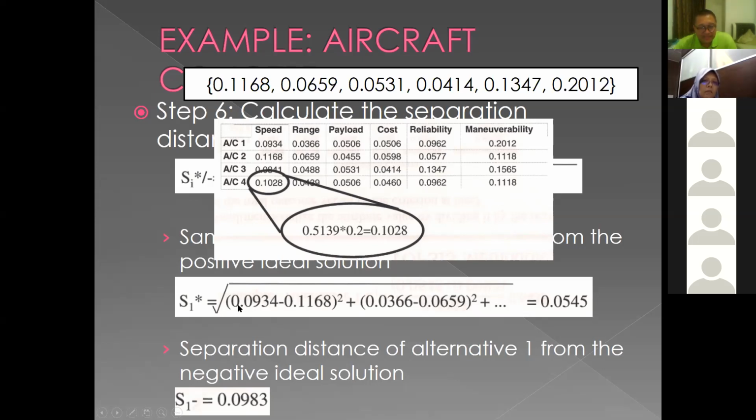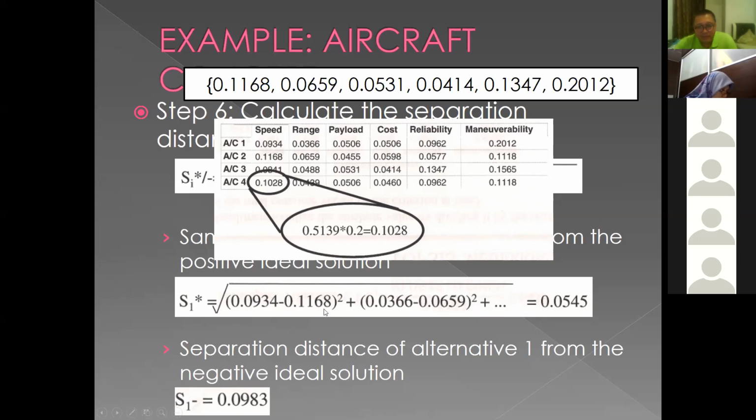If you take 0.0934, a small number, and subtract a big number, you end up with a negative value inside the bracket. So we square because we want to get rid of the negative value. That's the only reason.